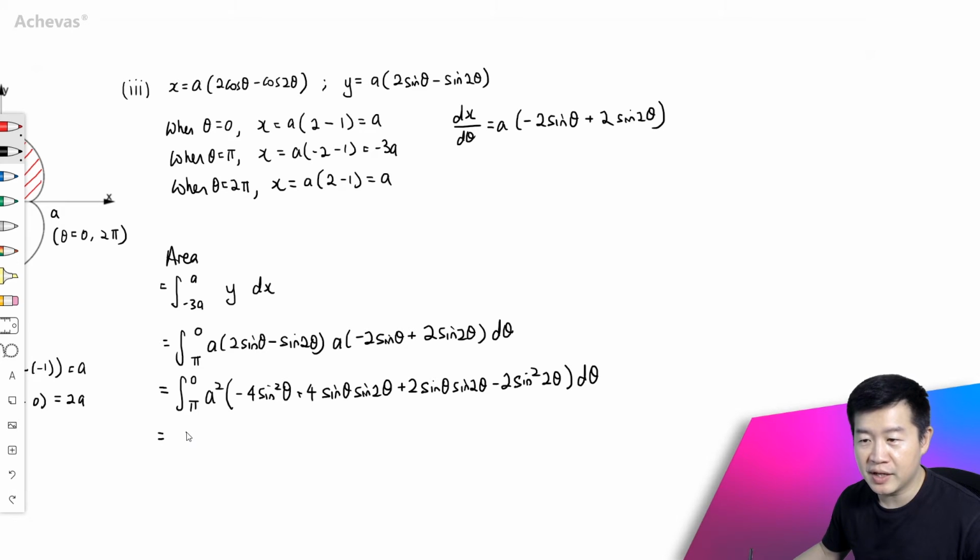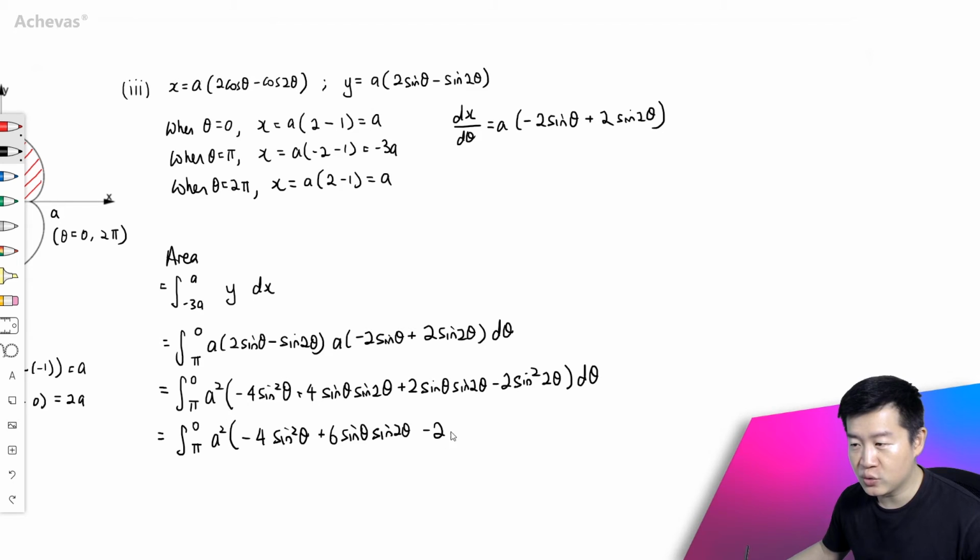So this is going to be integrating from pi to 0 of a square. Simplifying this, I will have a minus 4 sine square theta, this and this plus 6 sine theta and sine 2 theta, then minus 2 sine square 2 theta d theta.